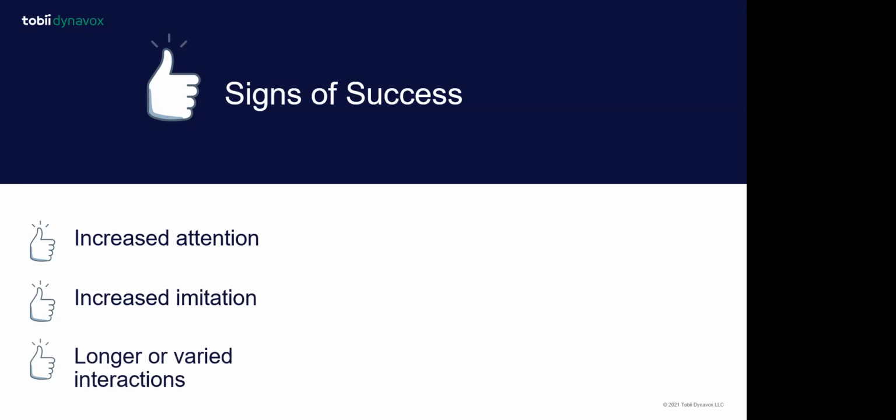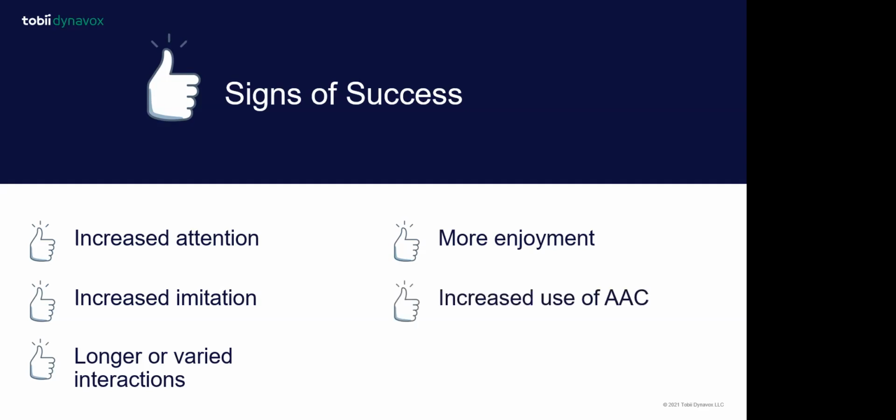For that communicator who just kind of ignored everything or only requested, maybe now they want longer interactions, or maybe now they're starting to ask a question or comment. Maybe they're enjoying themselves more, which I think is a very obvious one, right? Maybe they're showing more enjoyment in those activities. And then obviously that increased use of AAC.